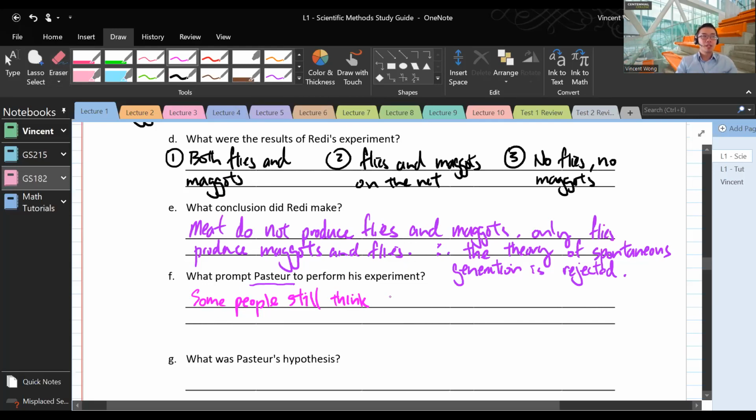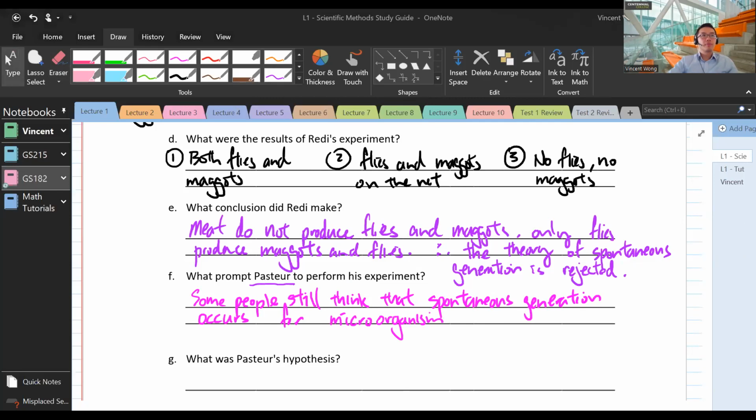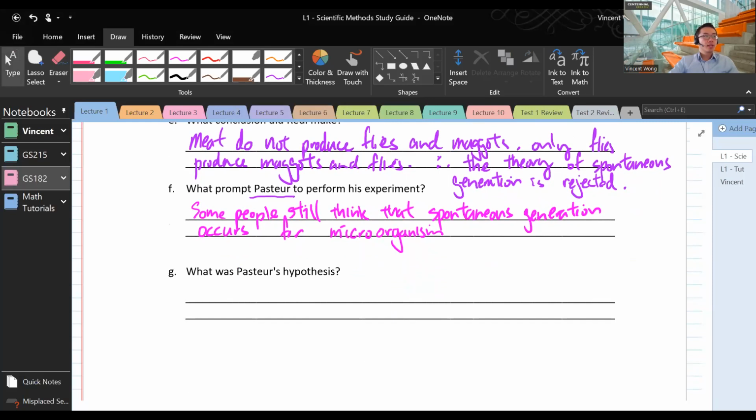So some people still think that spontaneous generation occurs for microorganisms, we'll say. Okay, so he's going to go ahead and try to test that out. So his hypothesis.